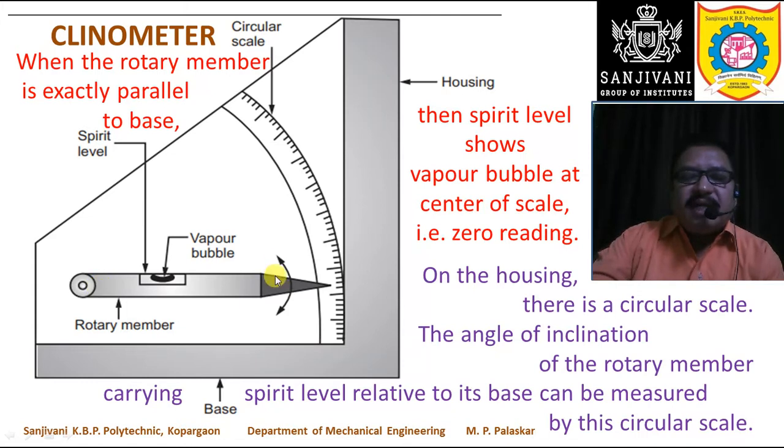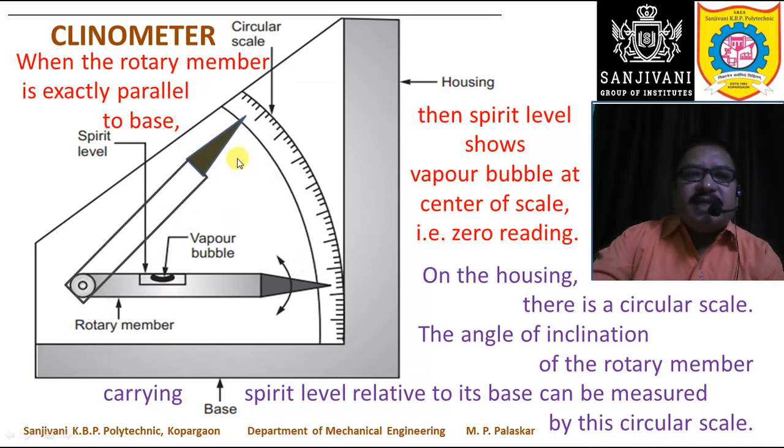This rotary member can turn about this point and you can get some angle. So the rotary member may have some position like this. This will be the angle between this particular rotary member and the base, and that angle can be measured by this circular scale. On this circular scale, this angle will be seen, it can be indicated very clearly.